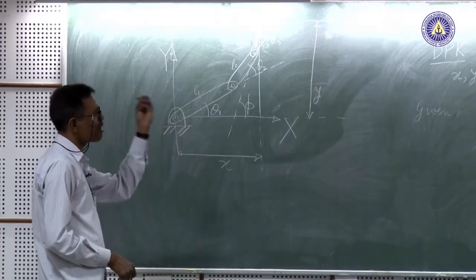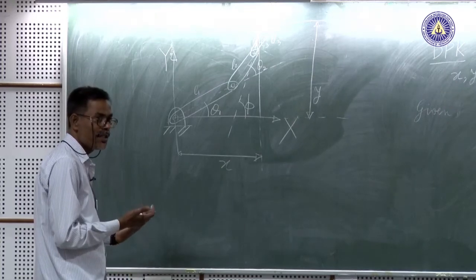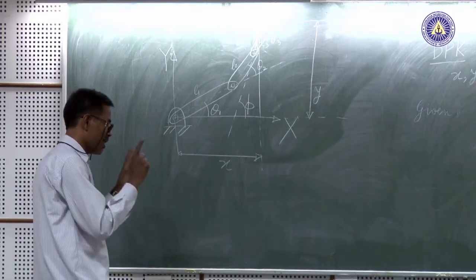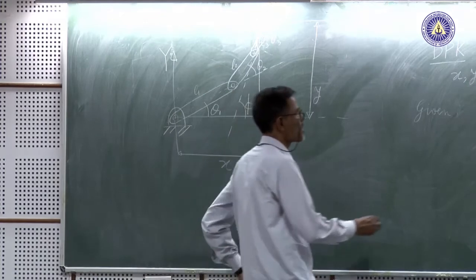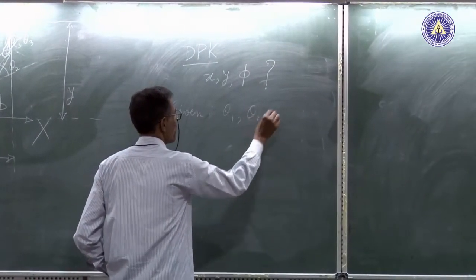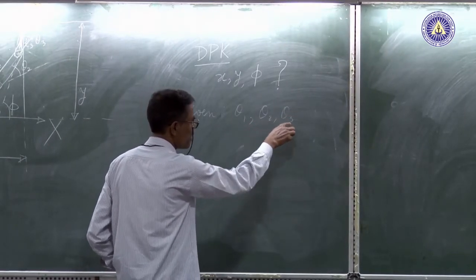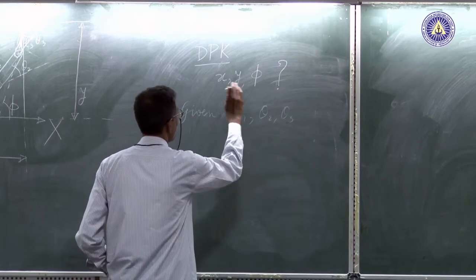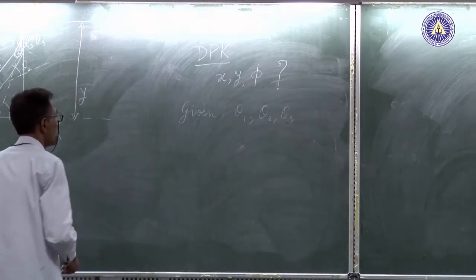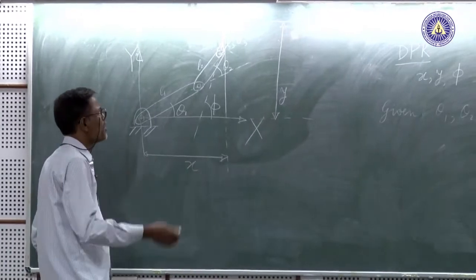So, it is not worth even listing them in the given things. What else will be given? Theta 1, theta 2, theta 3, the input variables. So, if the input motors, the joints, are positioned at 30 degree, 22 degree and 13 degree, then where are these things? Okay. So, in order to do that, very simple, what we do?